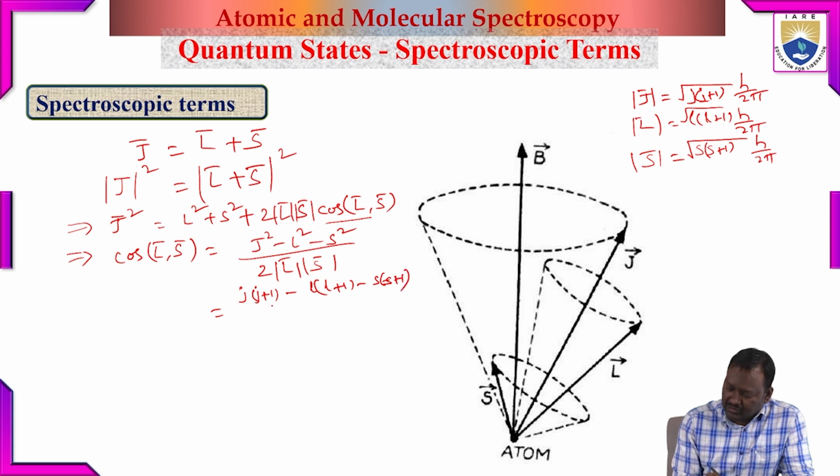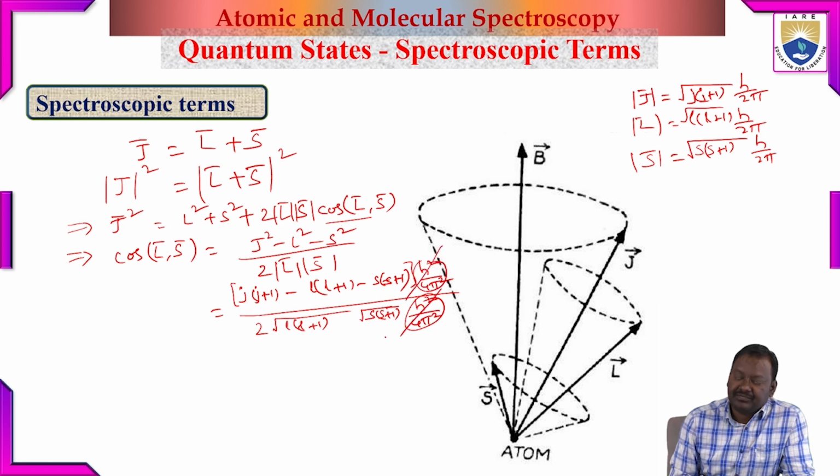We can also notice that the magnitudes of L bar and S bar are in the denominator: h square by 4 pi square, and 2 into square root of L into L plus 1, square root of S into S plus 1, and h square by 4 pi square. These two terms cancel each other.